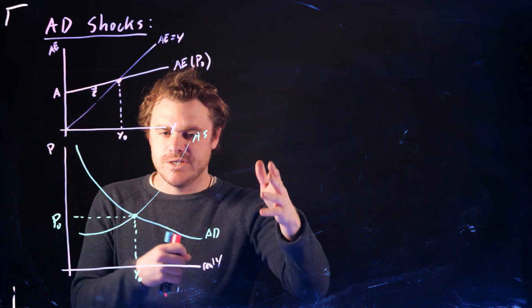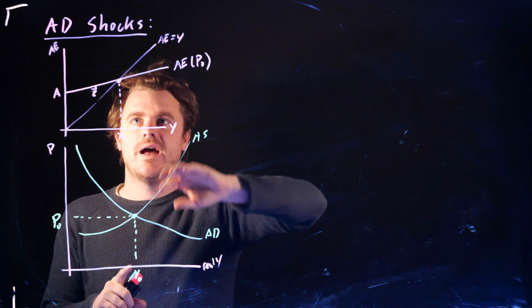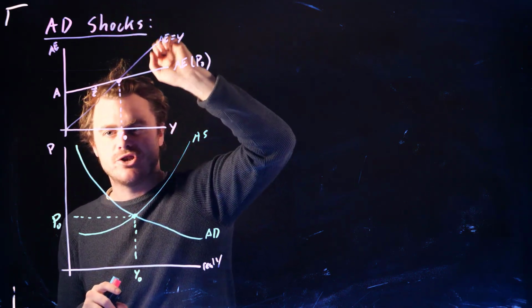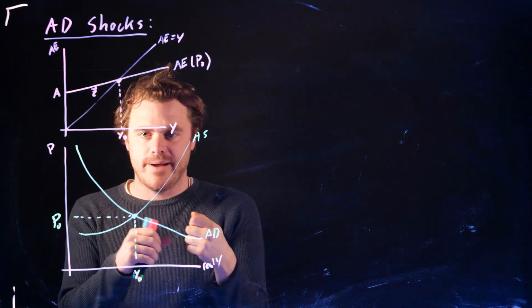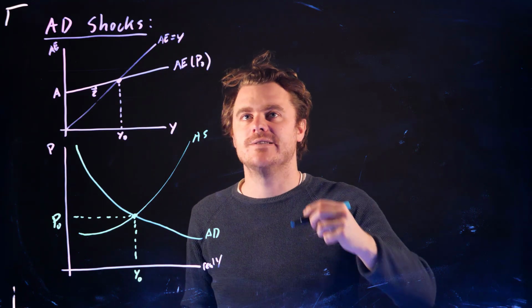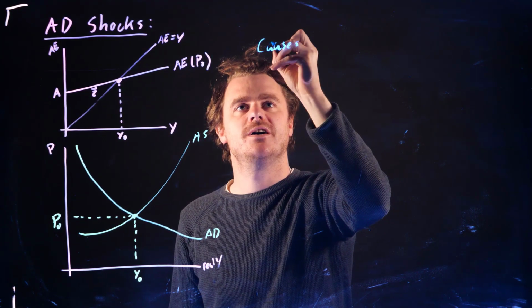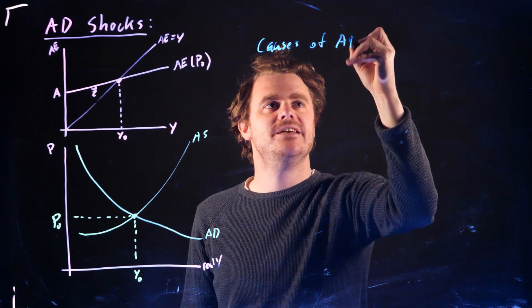All right, so there's going to be some kind of shock. So we're at this equilibrium here, and we're going to look at what happens when there's a shock to the AD curve. And what I mean is a shift in the AD curve. So we can think of different causes. So causes of AD shocks.